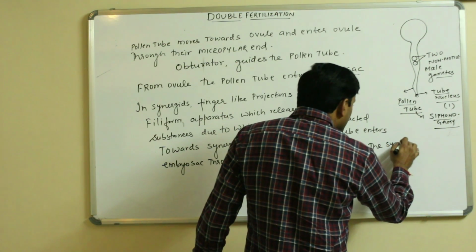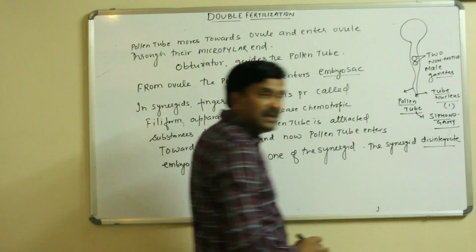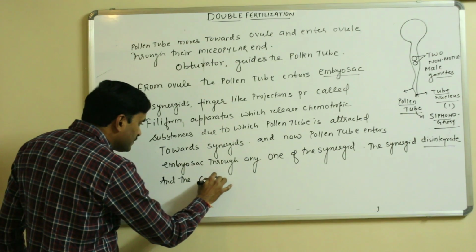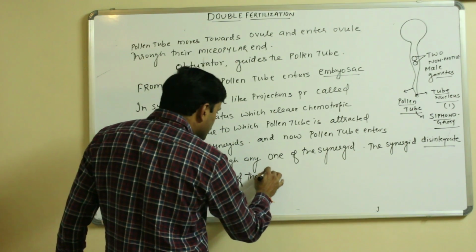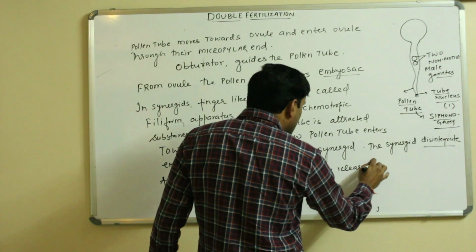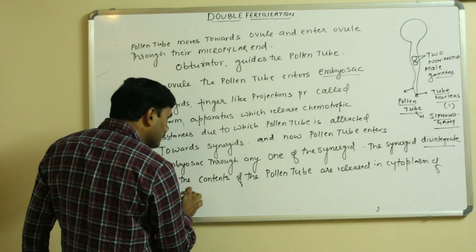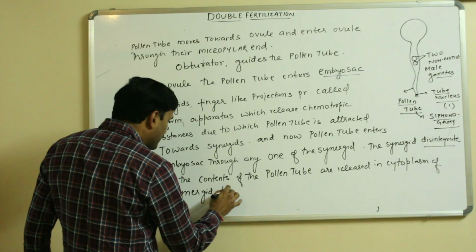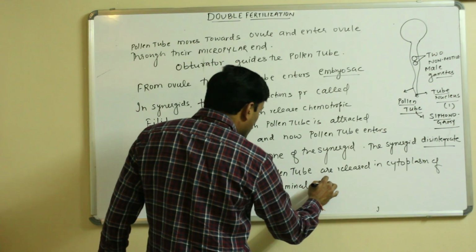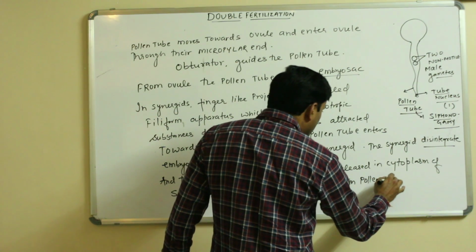As soon as it enters one of the synergids, the synergid disintegrates, and the contents of the pollen tube are released in the cytoplasm of the synergid by a subterminal pore present in the pollen tube.